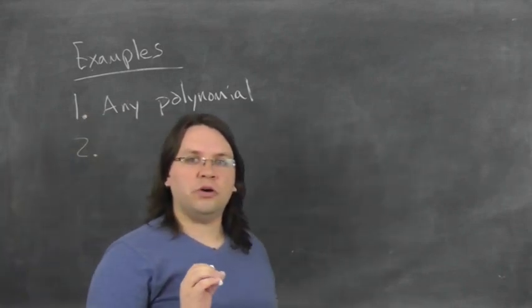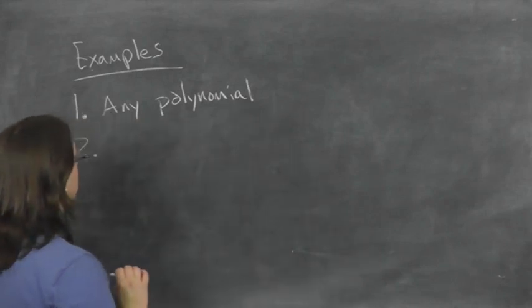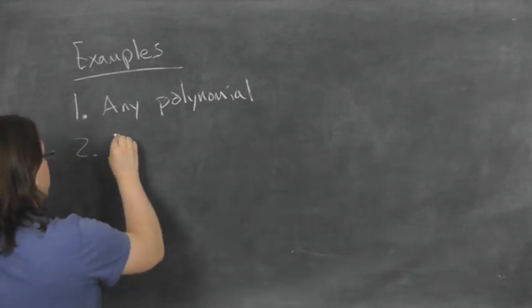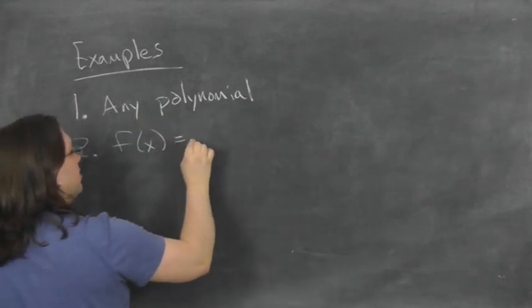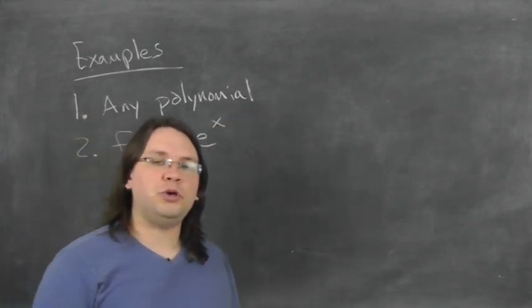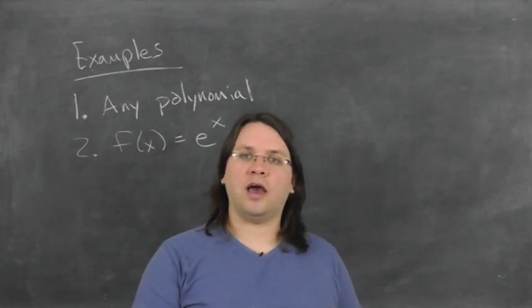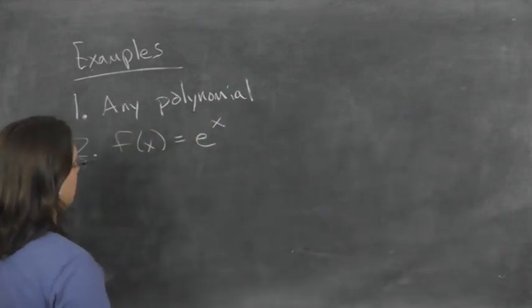That's not a particularly complicated example. So perhaps the most useful kind of first example of a non-trivial Maclaurin series is the function f of x equals e to the x. So what we have to do to compute the Maclaurin series is take derivatives, and plug in x equals 0, and then we'll just apply our formula.